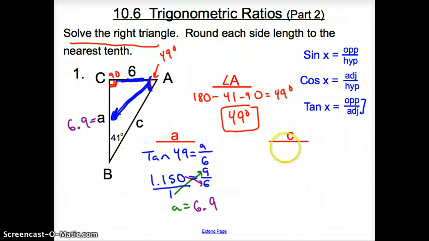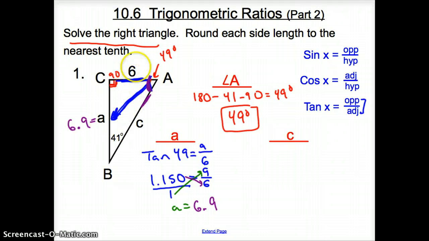Now, for side C, now we have both sides, so it really doesn't matter what sides we pick, but we have to include side C because we need to find side C. So I'm going to stay with angle A again, and with angle A, I need to include the hypotenuse, and I could include the opposite or the adjacent.